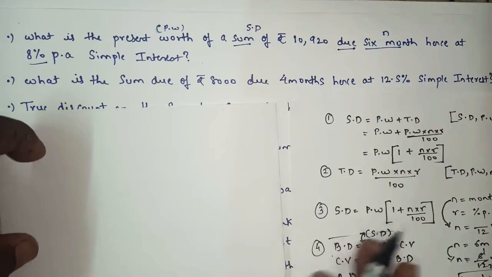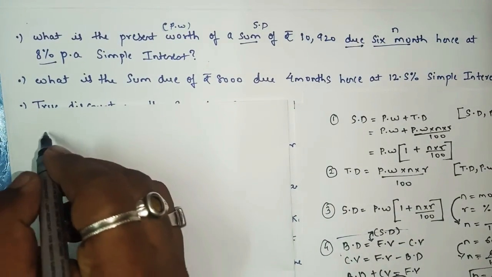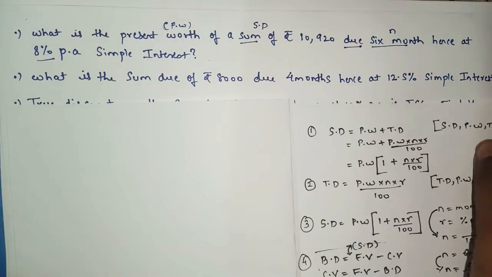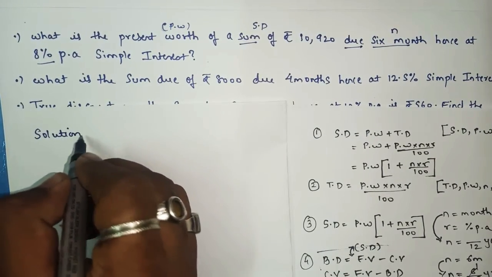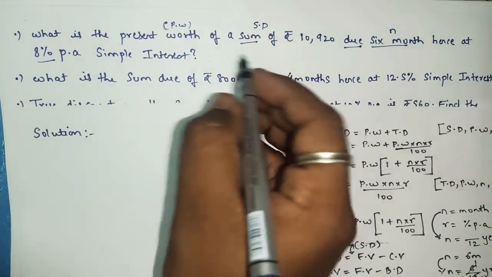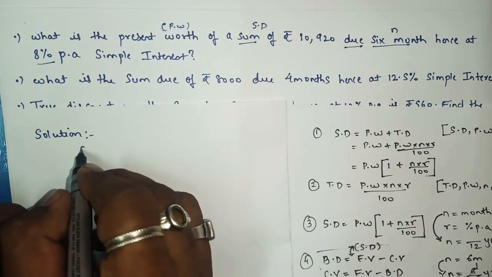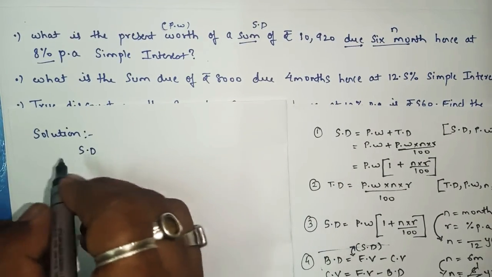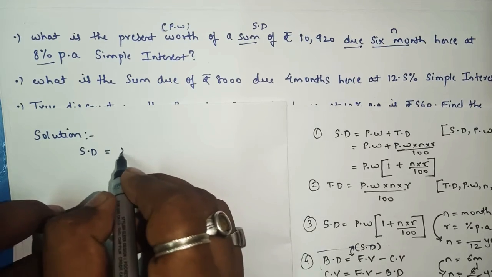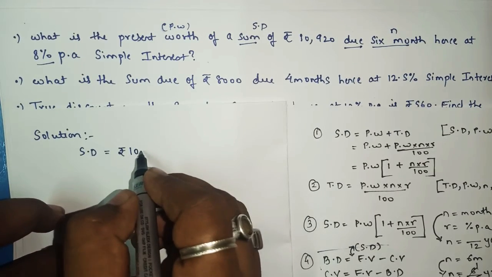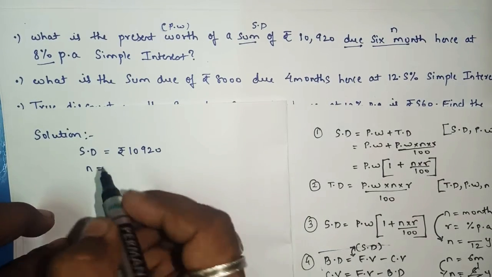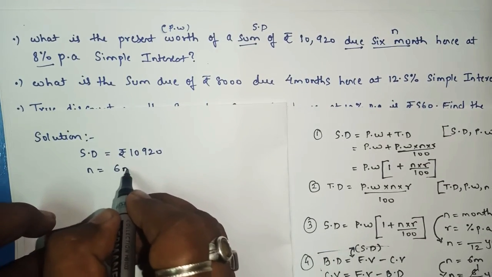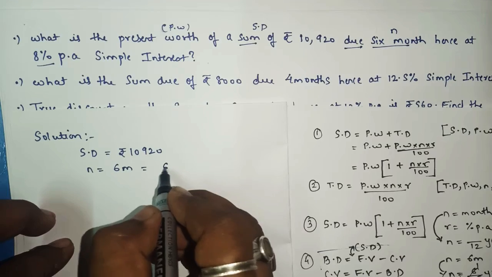First we'll write the solution, the data, all the things given in the question. After reading the question we come to know that we have the sum due, rupees 10,920, and we have the value of n, that is 6 months, and we know that we have to convert that into years.